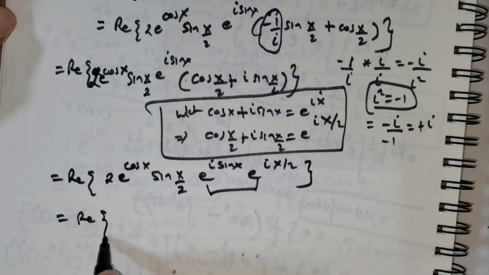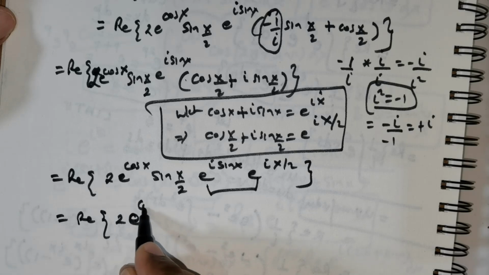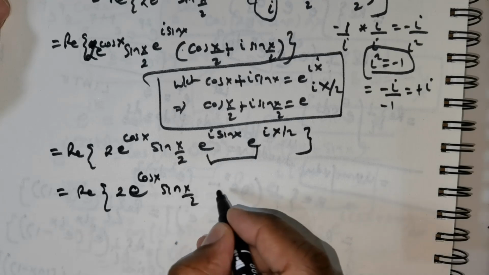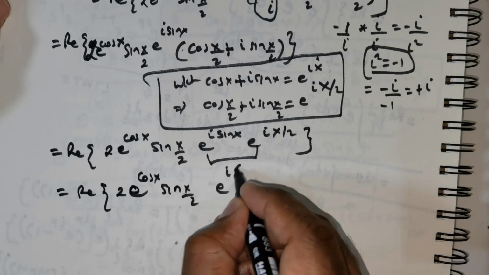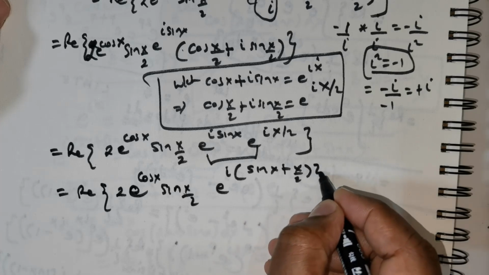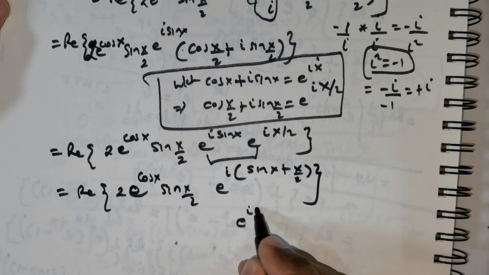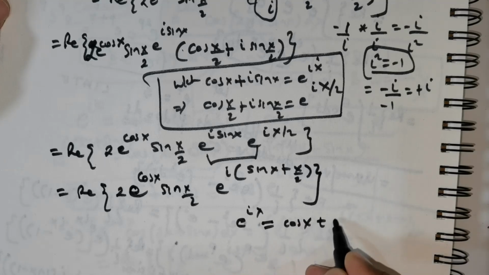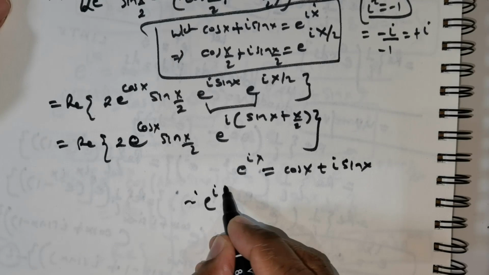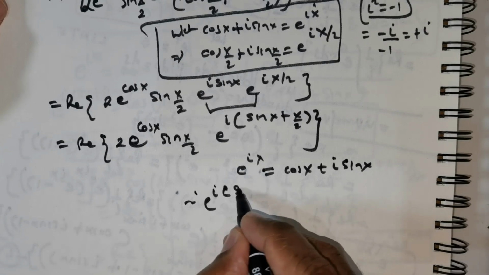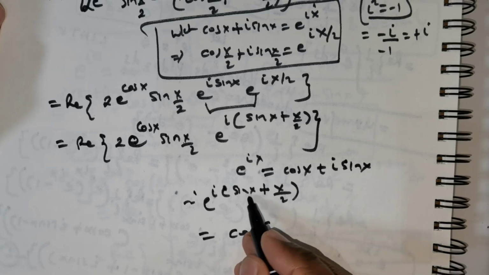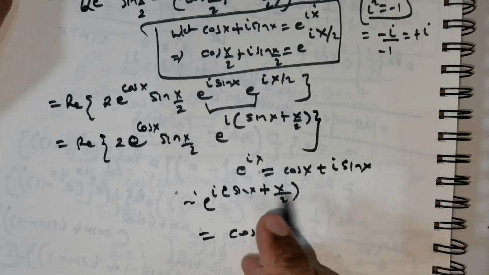So this is going to be the real part of 2 times e raised to the power of cos x times sin x over 2 times e raised to the power of i taken out, so you get sin x plus x over 2. Now as I mentioned to you, e raised to the power of ix is nothing but cos x plus i times sin x. So therefore e raised to the power of i times sin x plus x over 2 is nothing but, in place of x I need to substitute this value.